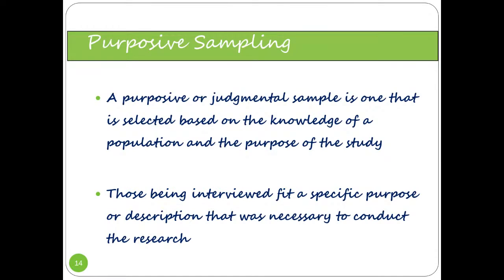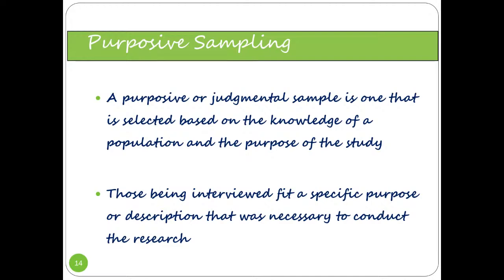But the second method is period sampling. What is period sampling? Say I am here for 1 year, my study is for 1 year, and my study setting is my hospital OPD.